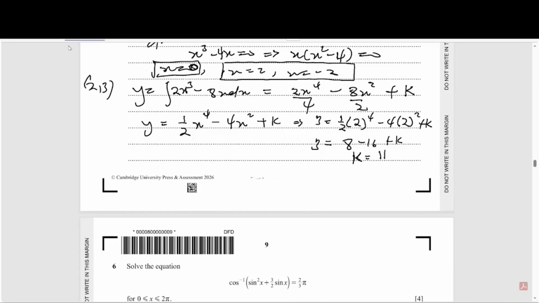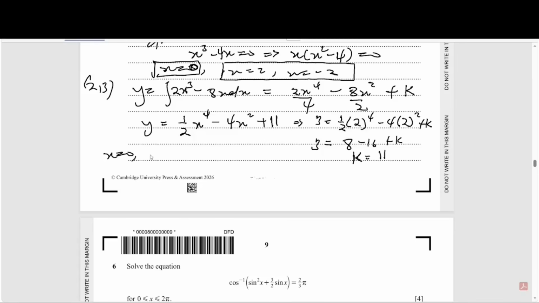So it means I'm going to change the equation of the curve and then replace k by 11 as we found its value. So k here is 11. Now we need to find the value of y when x is 0.